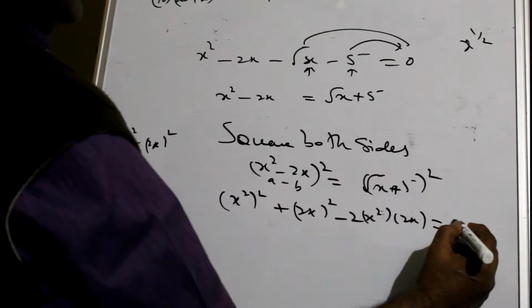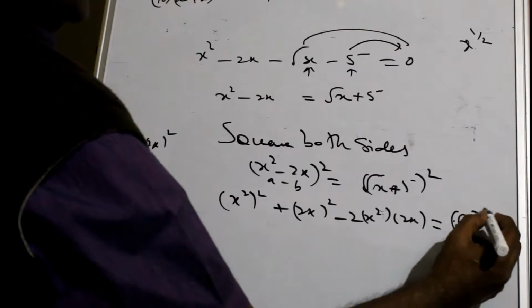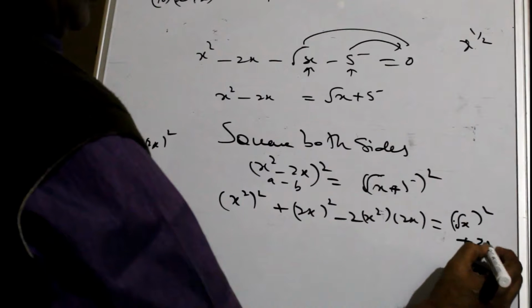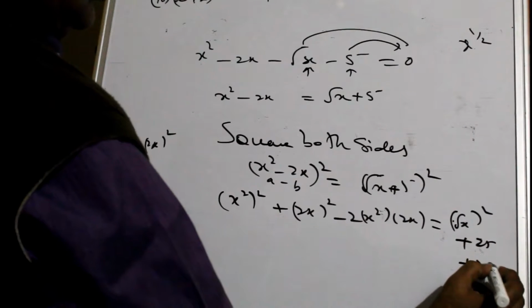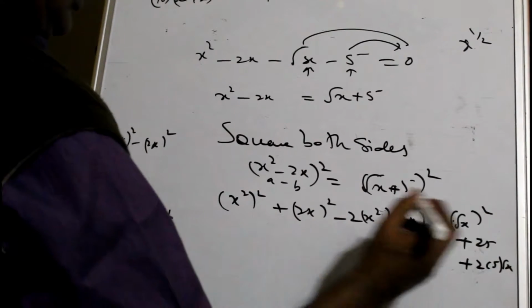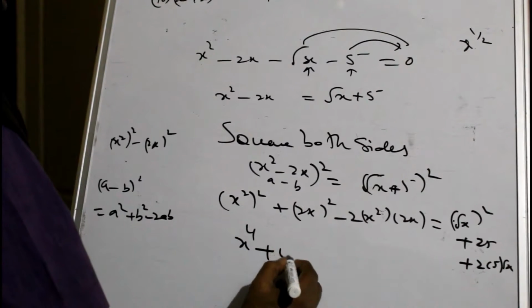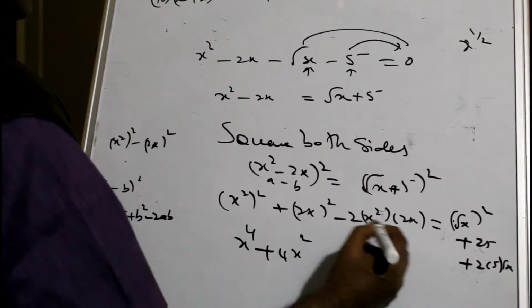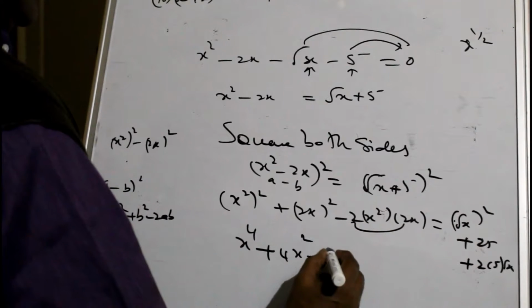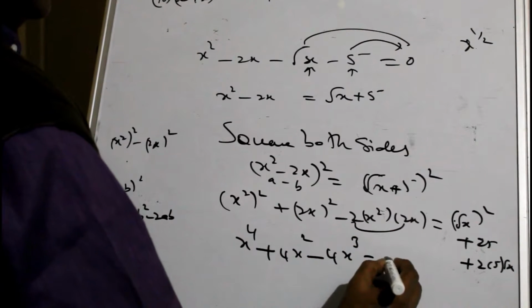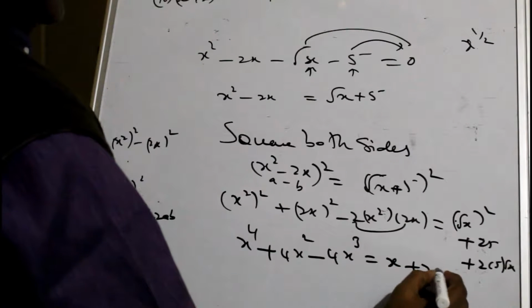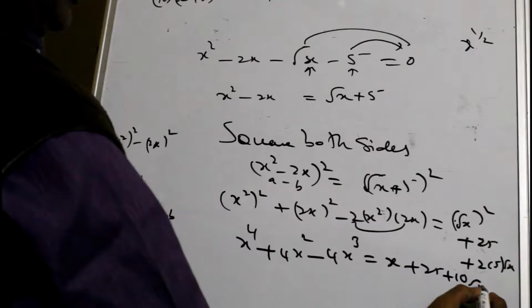When you square the other side, you get root x the whole square plus 5 square is 25 plus 2 into 5 into root x. So you get x power 4 plus 4x square minus 4x cube equal to x plus 25 plus 10 root x.